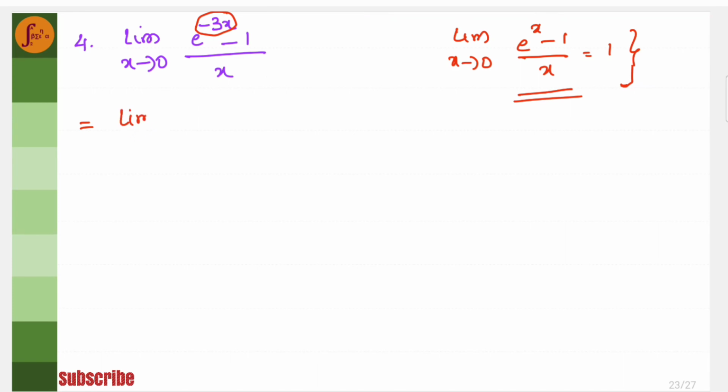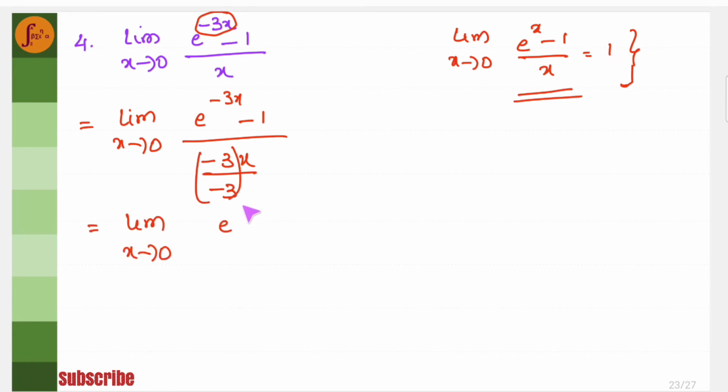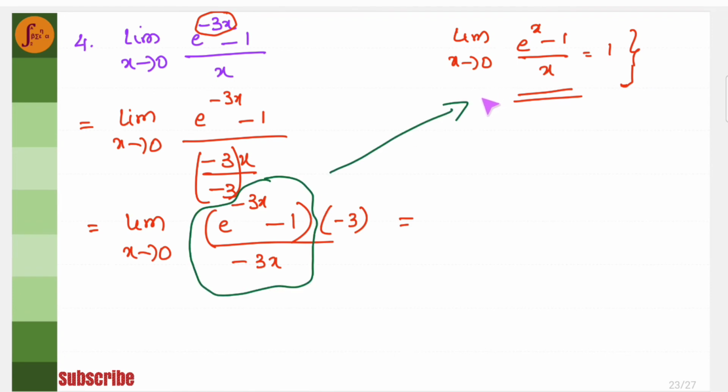So this is what is going to happen: (e to the power of minus 3x minus 1) by minus 3 into x by minus 3. We're going to multiply and divide by this. So we're going to get (e to the power of minus 3x minus 1) by minus 3x, and this minus 3 is going to go on top. So if you see, this is of this form. Then we can apply the limit value. So it's 1, so we're going to get 1 into minus 3. The answer is minus 3.